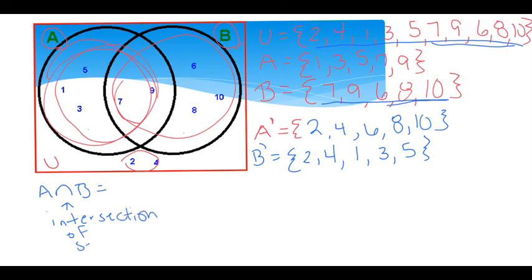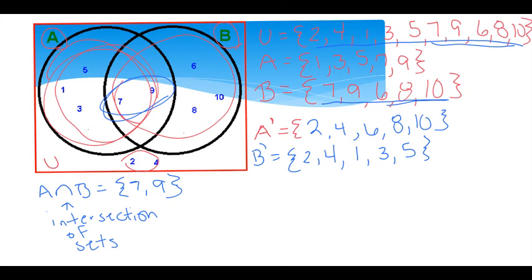So it is what the two sets have in common. If I want the intersection between A and B, on my Venn diagram, it's going to be right here in the middle, what they have in common. So my answer would be 7 and 9. The intersection is what they have in common. I typically think of a road. If you come to the intersection of two roads, it's what they share in common.